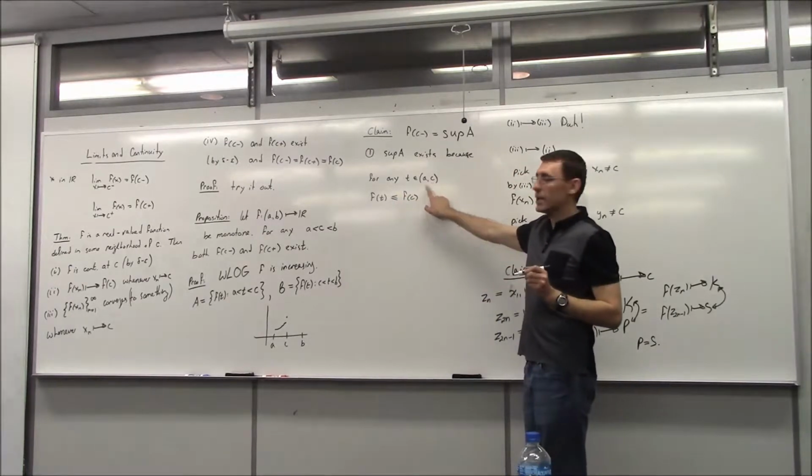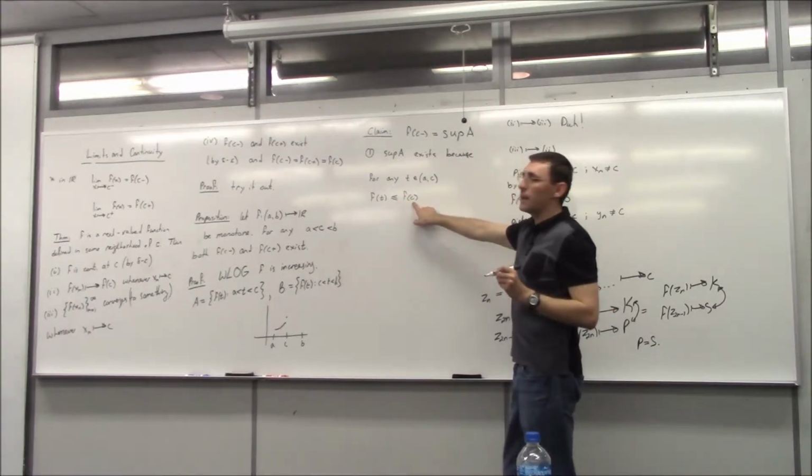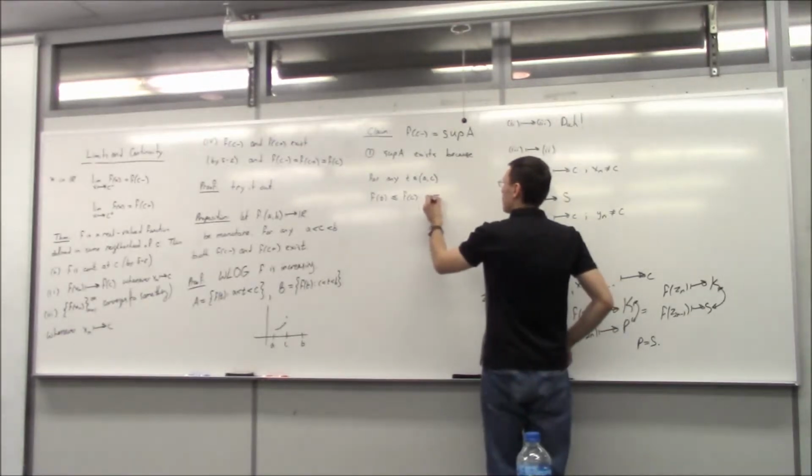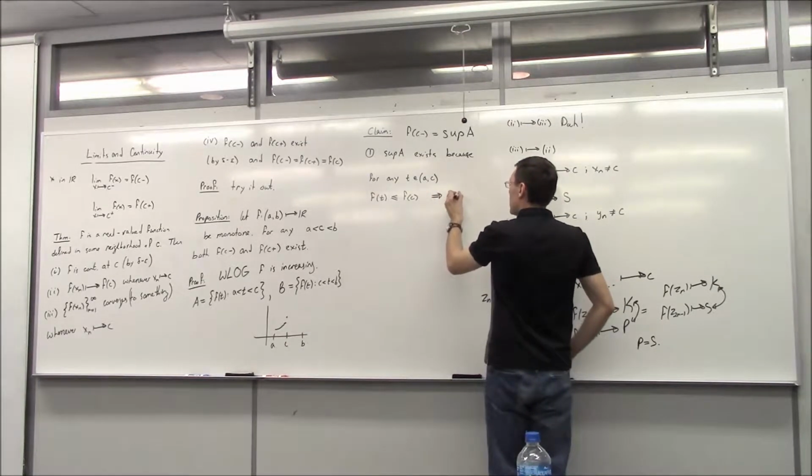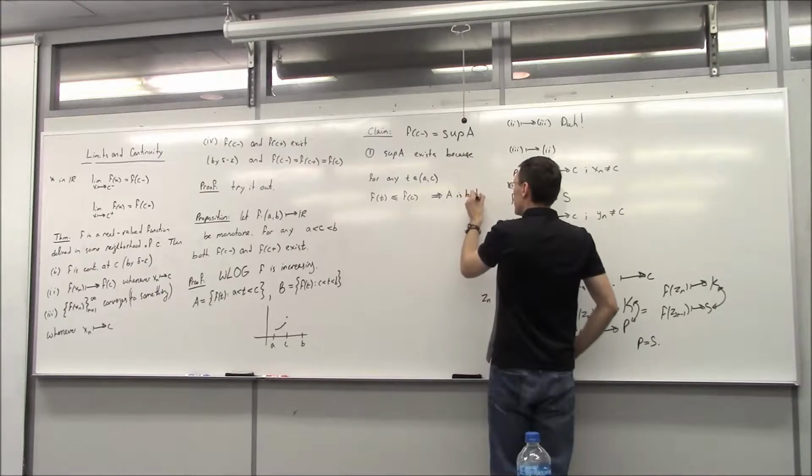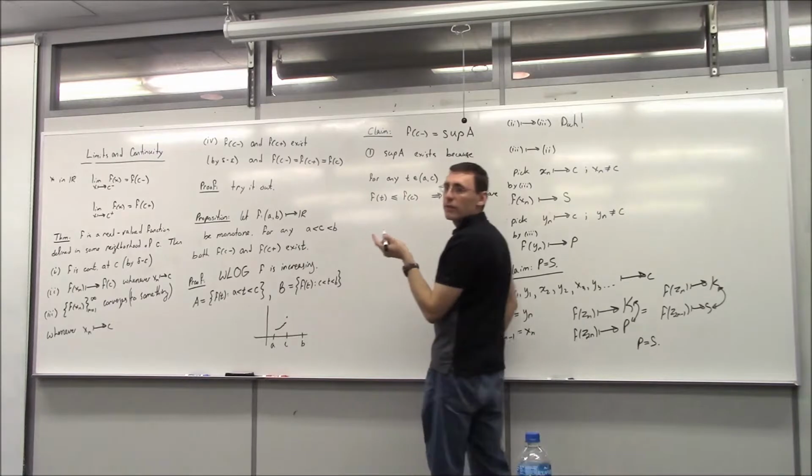I'm not allowing c here, so A has an upper bound, or A is bounded above, and therefore has a finite supremum.